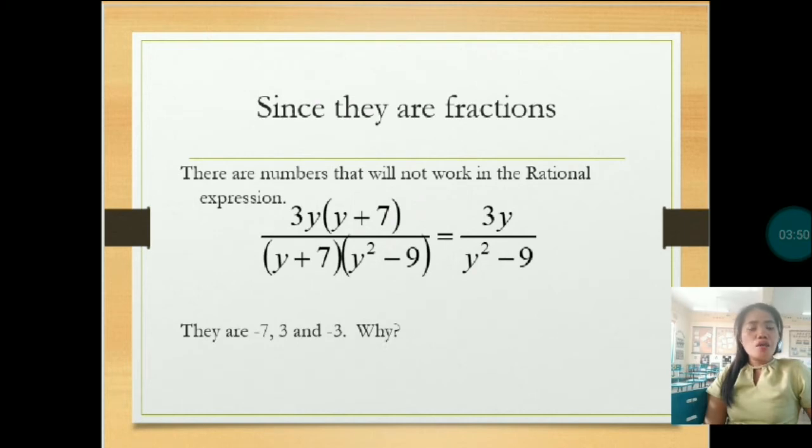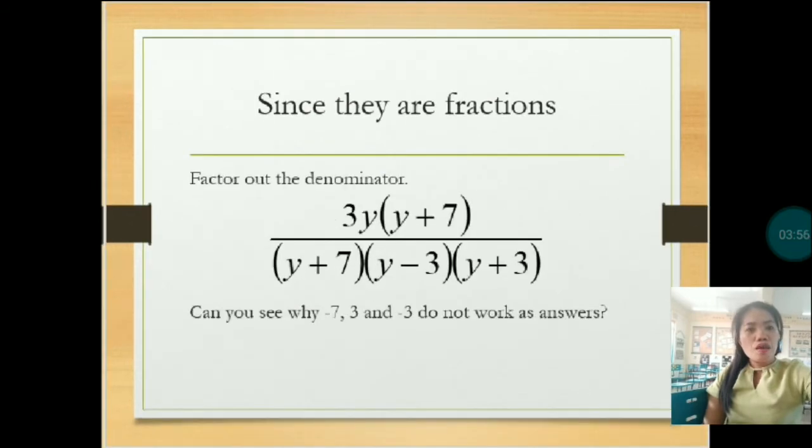The denominator will be equal to 0. So if you factor out the denominator, you have y plus 7, y minus 3, and y plus 3. Can you see why negative 7, 3, and negative 3 do not work as answers? It is because it will make the whole expression undefined.